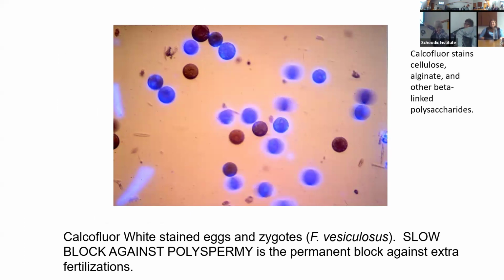So this is a stain called Calcofluor White that stains eggs when they are fertilized. It takes around 3 minutes for the slow block to become effective against polyspermy. So you have the two working together.